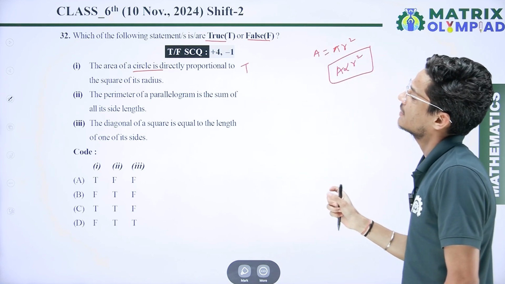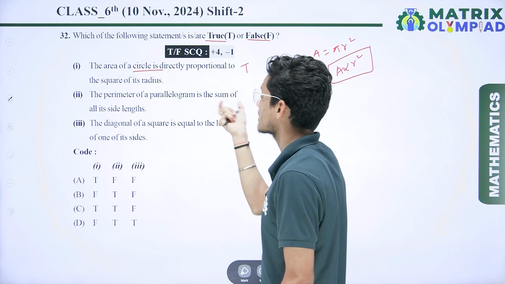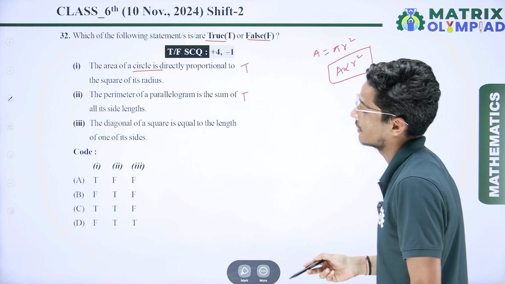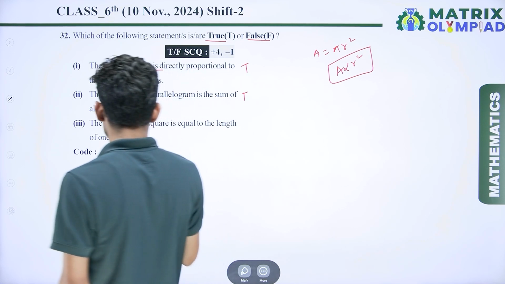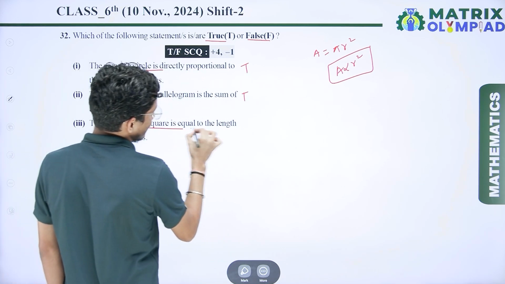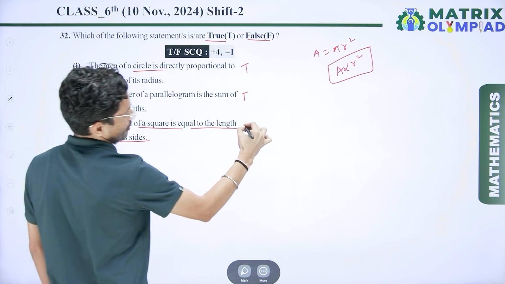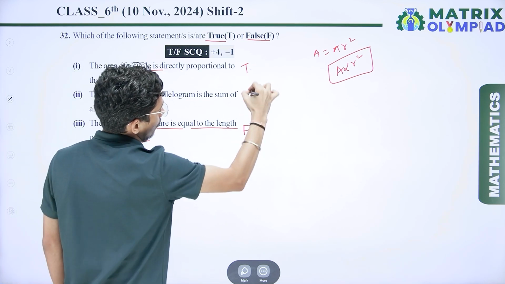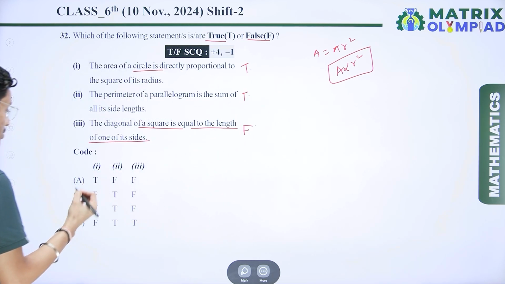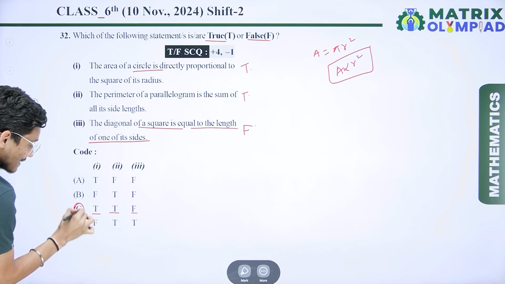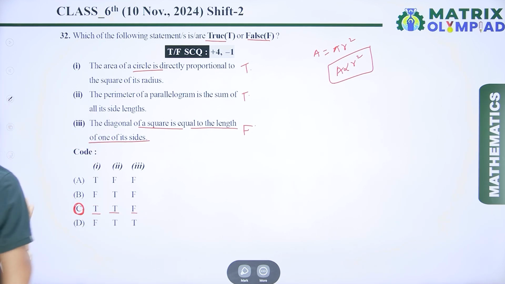The second one: the perimeter of a parallelogram is the sum of all its side lengths. Yes, this one is also true. The third one: the diagonal of a square is equal to the length of one of its sides. No, this one is false. So true, true, false. So option number C is the correct answer over here.